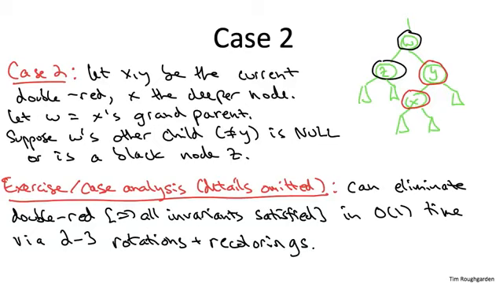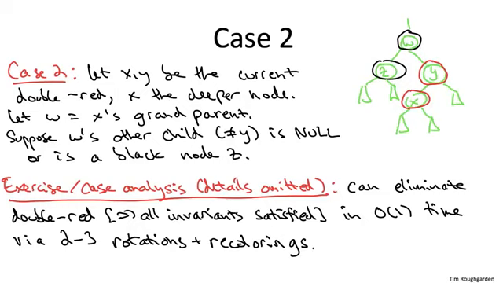The second thing that can happen is the double red propagation can make it all the way to the root of the tree. Then you can just recolor the root black and you can stop with all of the invariants satisfied. Alternatively, at some point when you're doing this upward propagation, you might find yourself in case 2, as discussed on this slide, where the lower red node in your double red pair X has a black or non-existent uncle Z. In that case, with constant time, you can restore all of the 4 invariants.